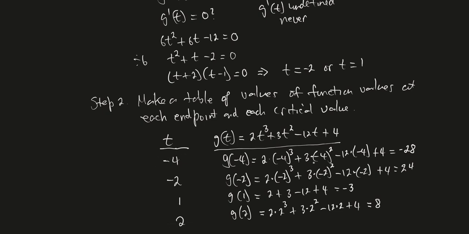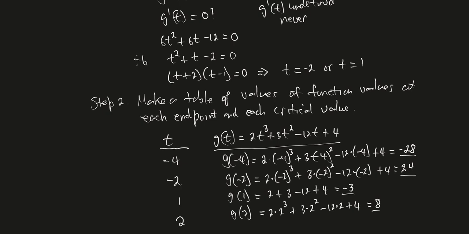And then how do we decide which one is actually the absolute max or the absolute min? Look at these numbers: negative 28, positive 24, negative 3, and positive 8. Of these 4 numbers, negative 28 is the smallest, and 24 is the largest.